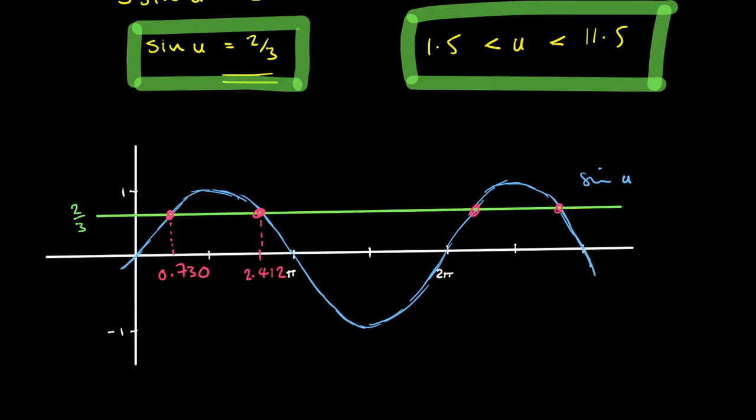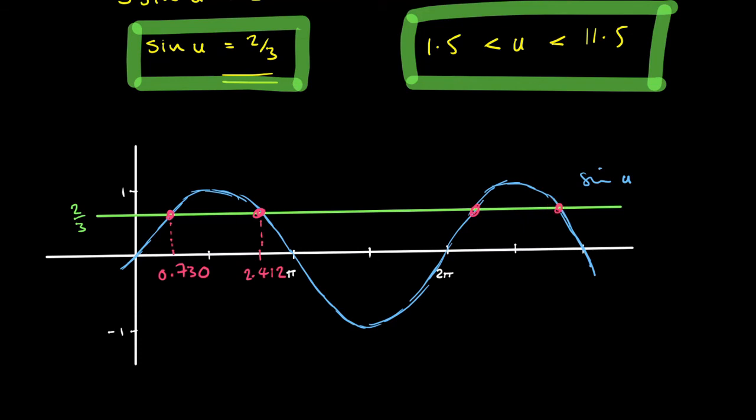Now, how can I go from those two solutions to the next two and the next two? Well, this point here is essentially the same as that point. It's just on the next wave along. So if I move one full wave, I get onto this equivalent point here. And the same is true with this. If I move one full wave, I get to the next equivalent point there.